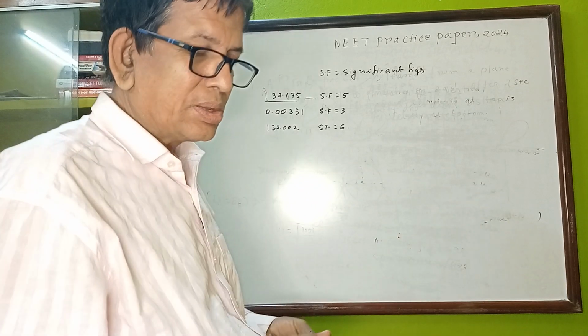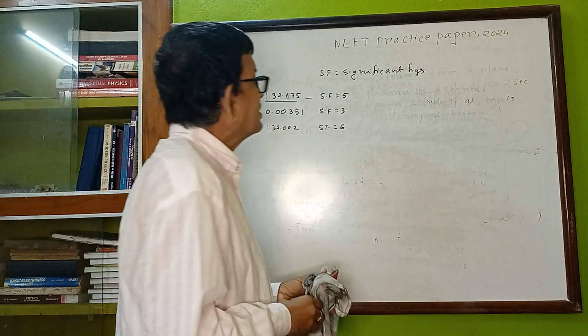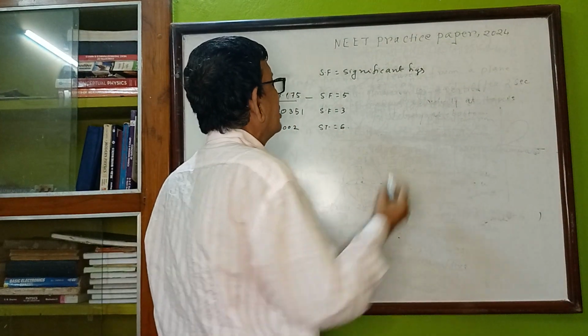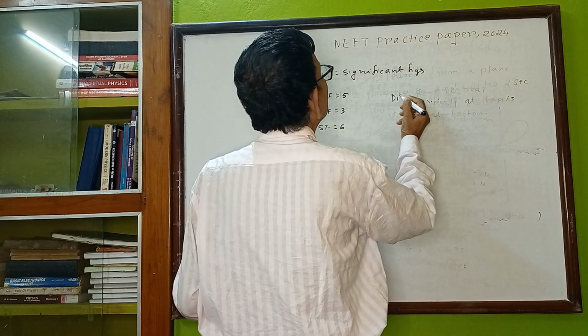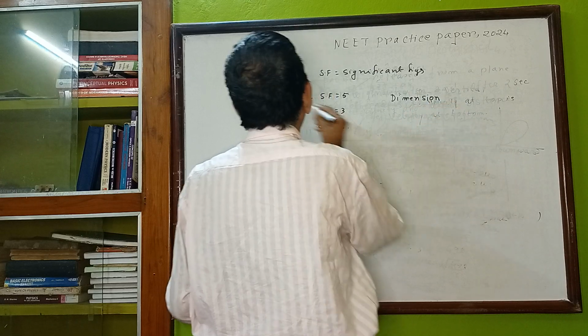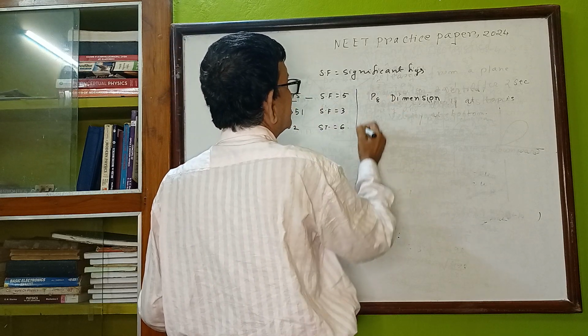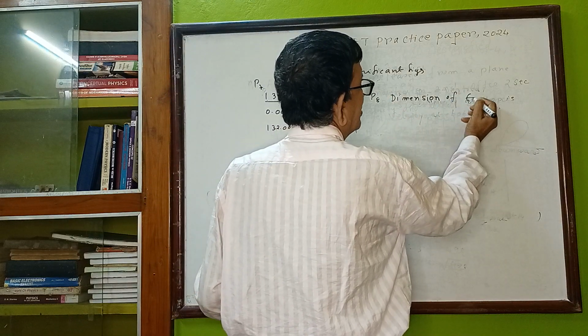This is the problem you have already solved. Another thing I am showing you, problem number 8: what is the dimension of epsilon naught? How can you calculate?